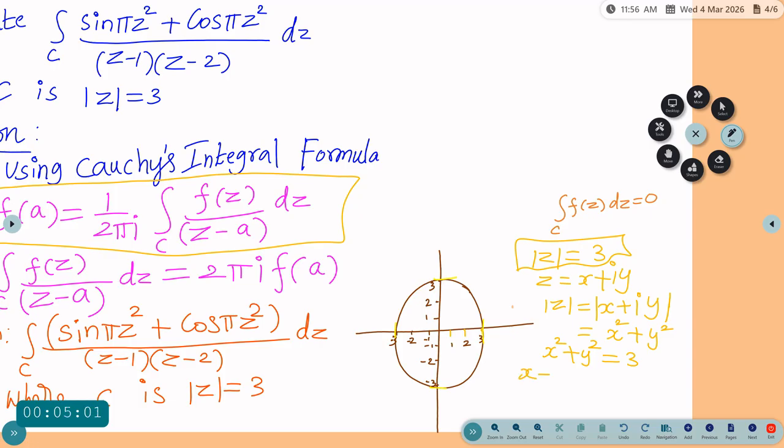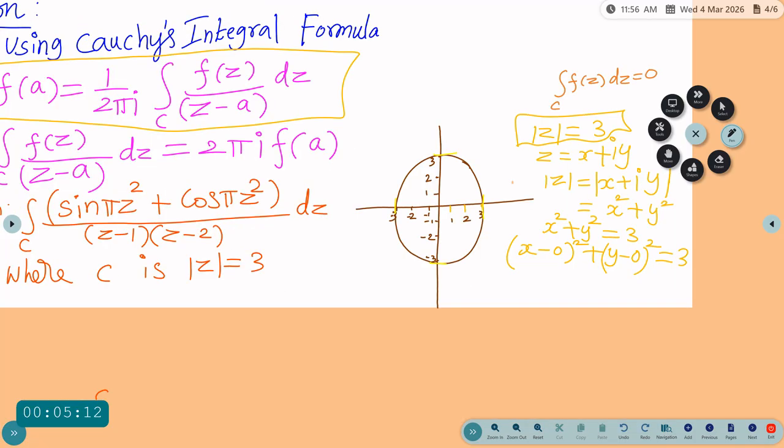It can be written as x minus 0 the whole square plus y minus 0 the whole square equal to 3 square. Here 0 comma 0 is the center and the radius r equals 3.